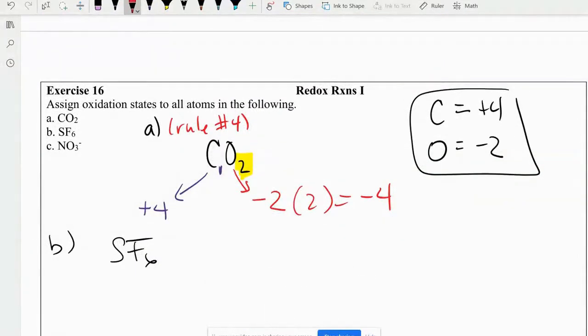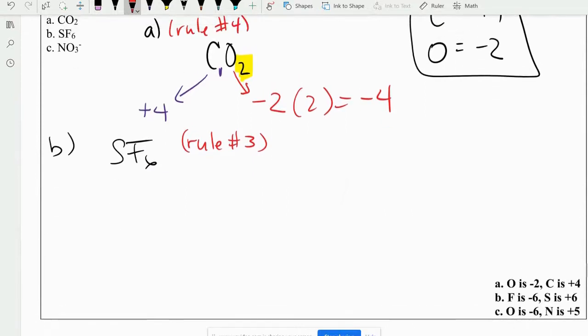So we know that rule number 3 is going to apply here to help us figure out oxidation states for exercise 16B. So if fluorine has a -1 for each one, how many of them are in the formula? Well, there's 6, so -1 times 6 is a -6.